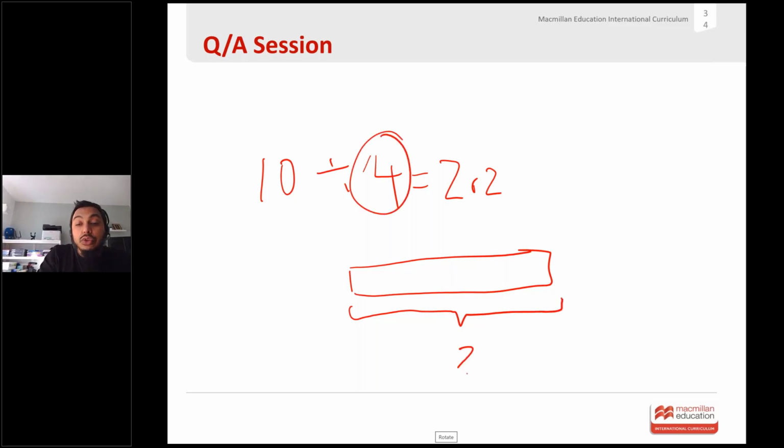If that's 2, that's 1, that's going to be a half, so 0.5. So it'd be 2.5.